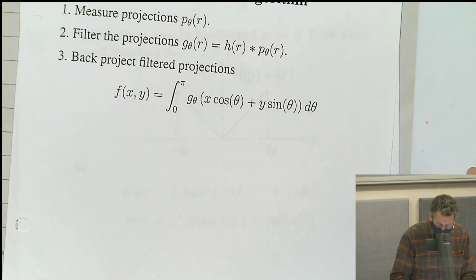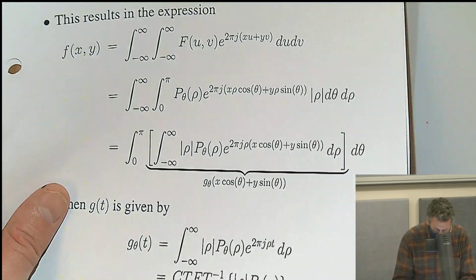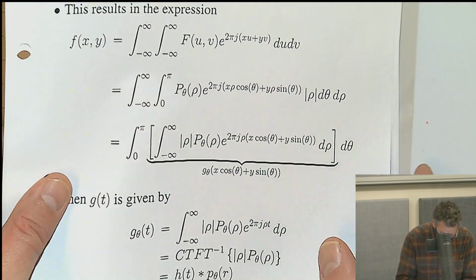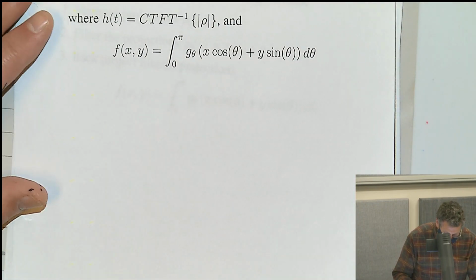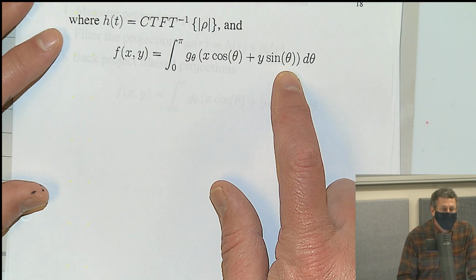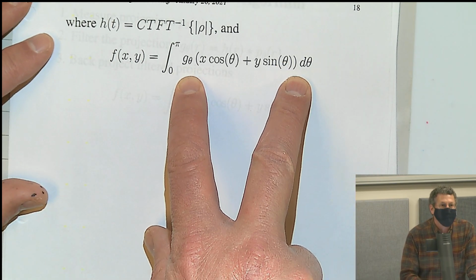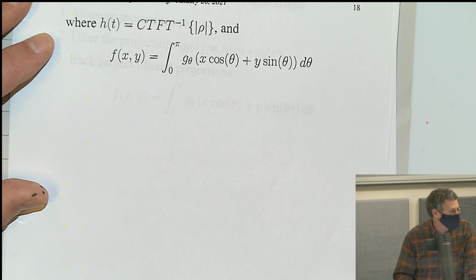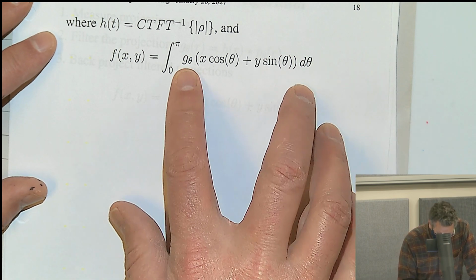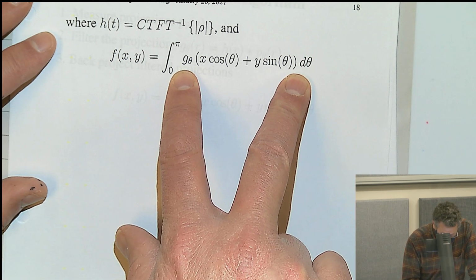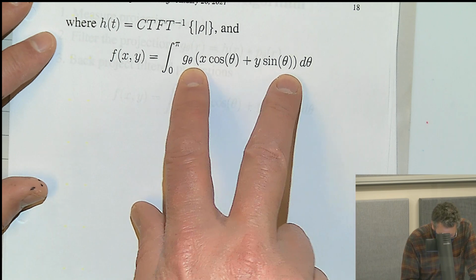So once you have the filtered projections, what do you do? You plug them into this expression, and if you just do the algebra, it looks like this. So you take the filtered projections and plug them into this expression here. What is this thing?